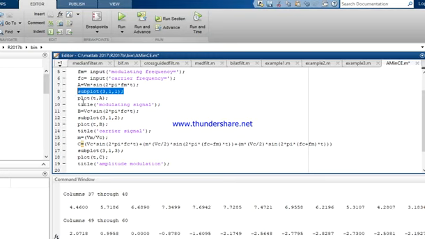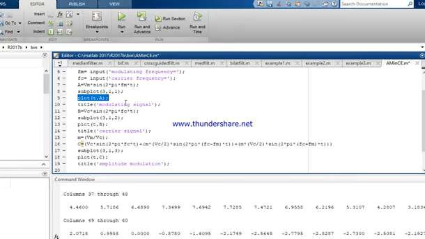That is the one concept. Now the plot command, that is plot of t, A. The plot command is plot of x, y, that is, the x axis we can put as t, and the y axis we can put as capital A.